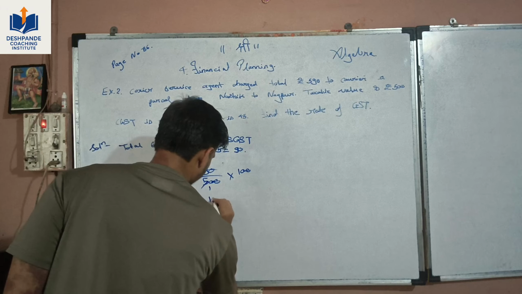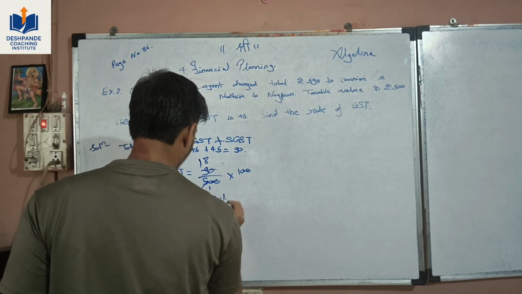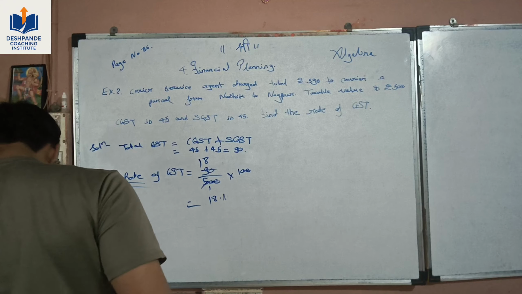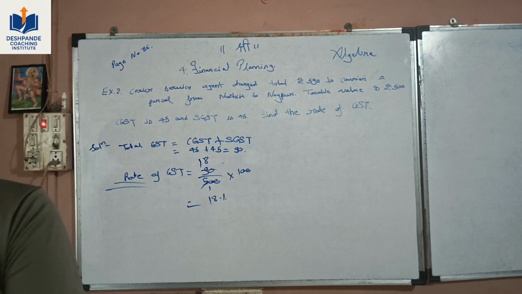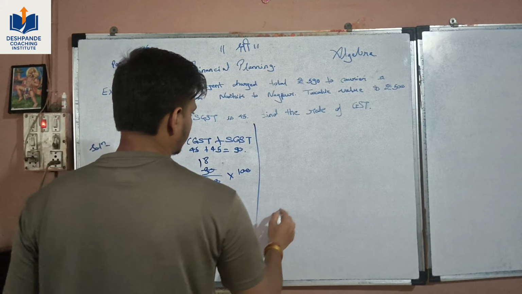I am sorry, I am getting a little bit confused. Is it 40 or 20? So it is 18%. So the rate of the GST charged by an agent is 18%. So what will be the final answer?